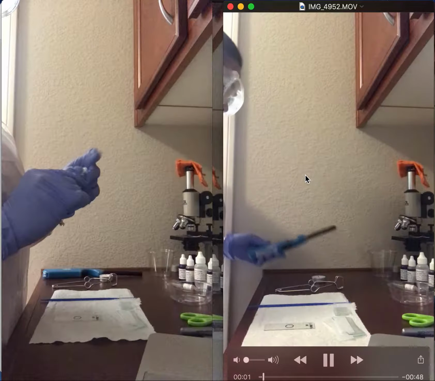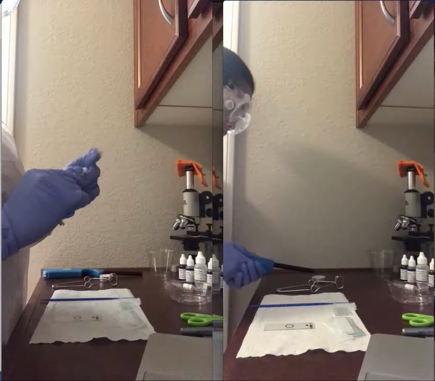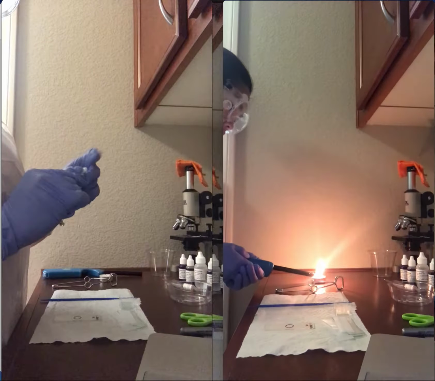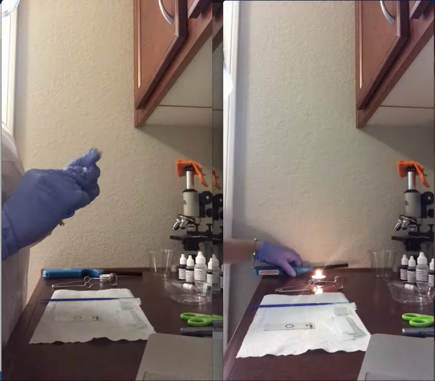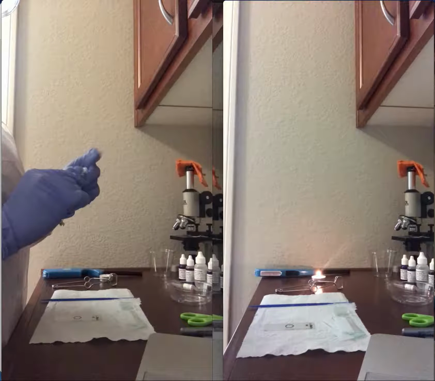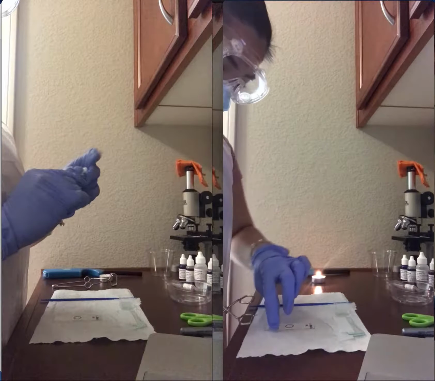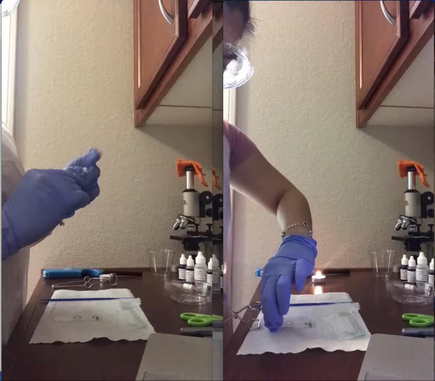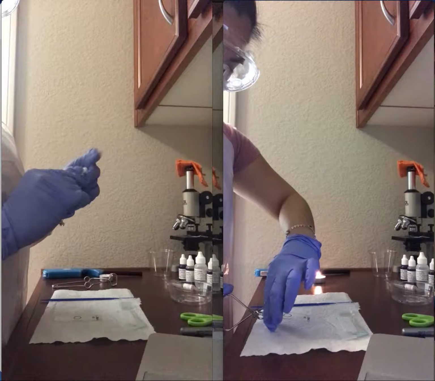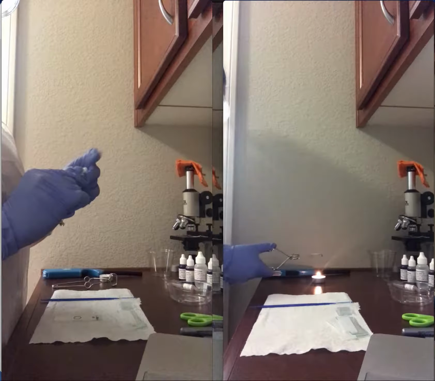Once our slide has completely dried off, we need to heat fix our sample using the tea candle and using the clamp to hold on to the slide.